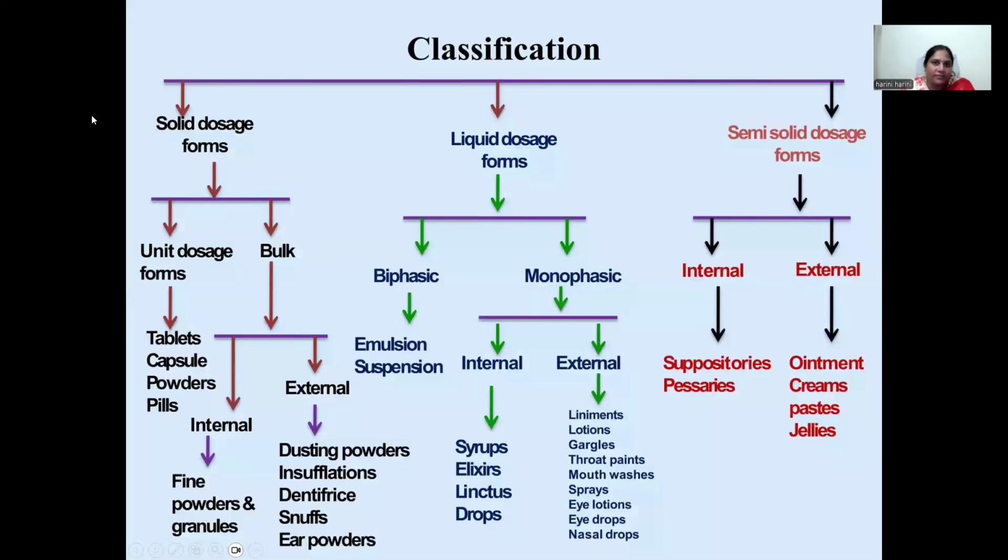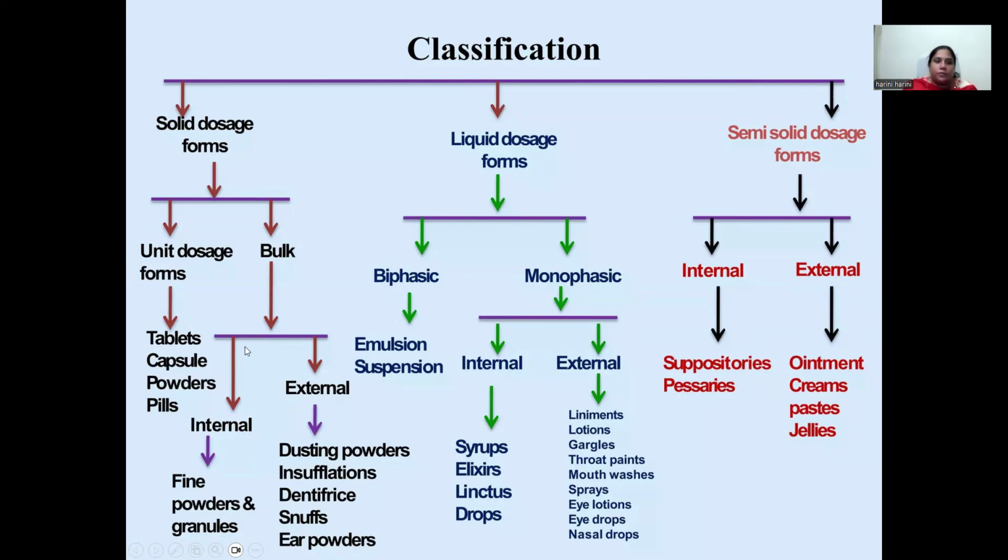So all that we have discussed previously: solid, liquid, and semi-solid dosage forms. In solids, again, you will have unit dosage forms, that is shaped solid dosage forms, and bulk dosage forms, unshaped dosage forms. In unit dosage form: tablets, capsules, powders, and pills. Bulk dosage forms, as I've said, powders come under bulk dosage forms.